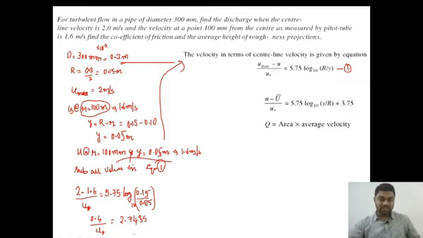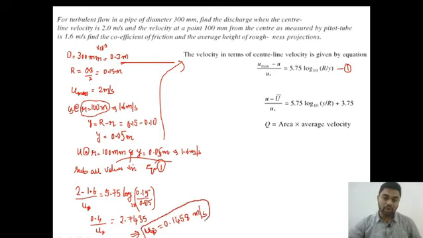So from this, the value of shear velocity u star is around 0.1458 meter per second.